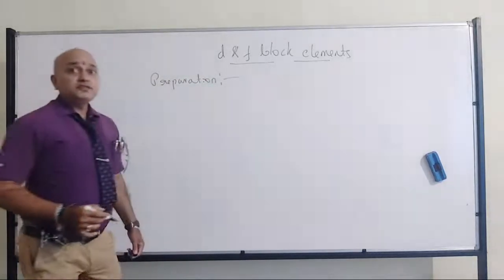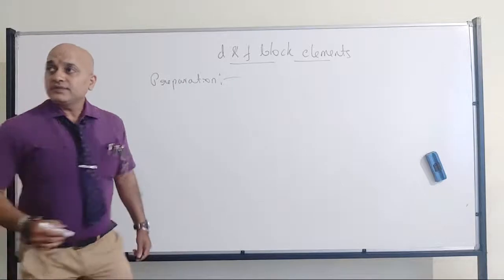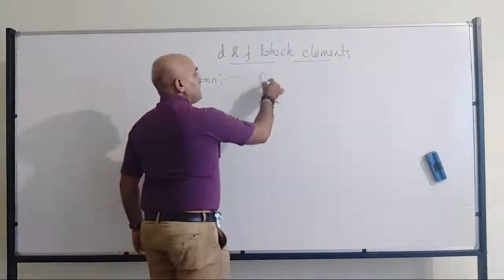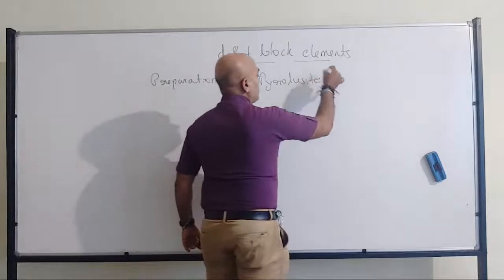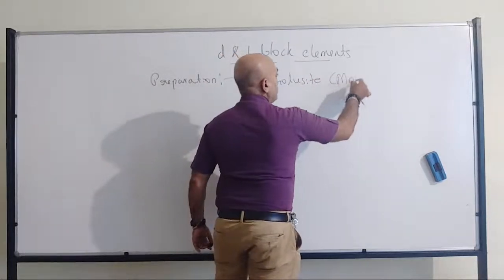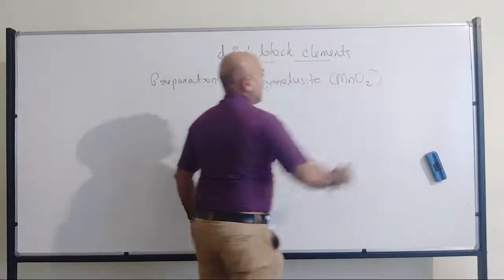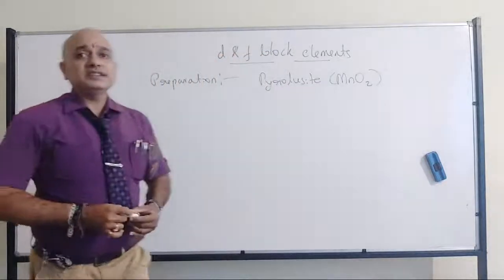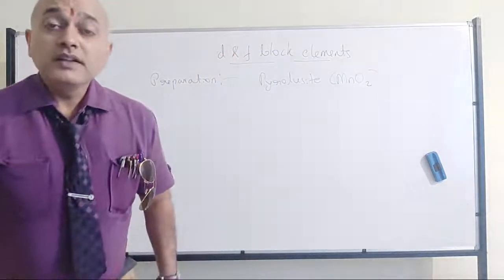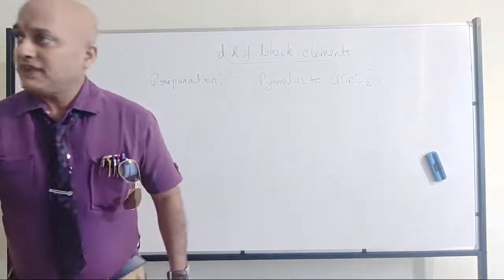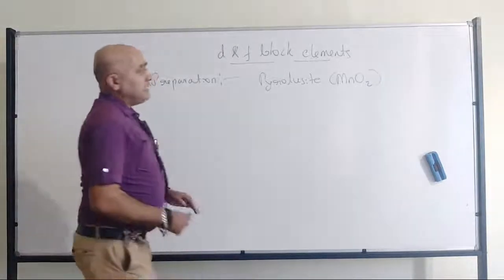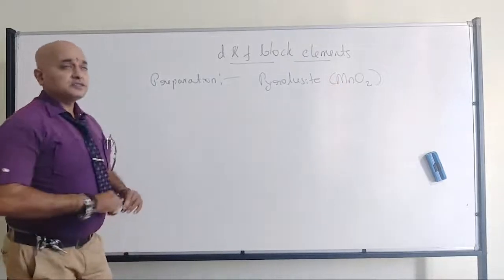Which mineral will they be using? It will be pyrolusite, where manganese oxide will be of high concentration, or pyrolusite is a mineral of manganese. Fine. So that's where we have pyrolusite as the source.